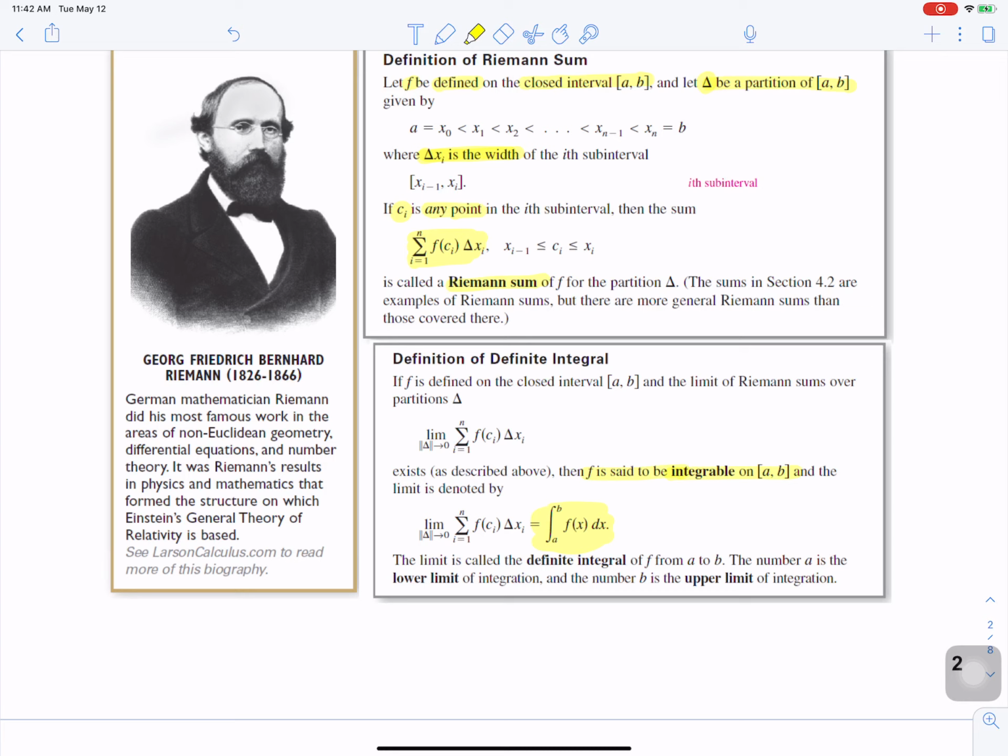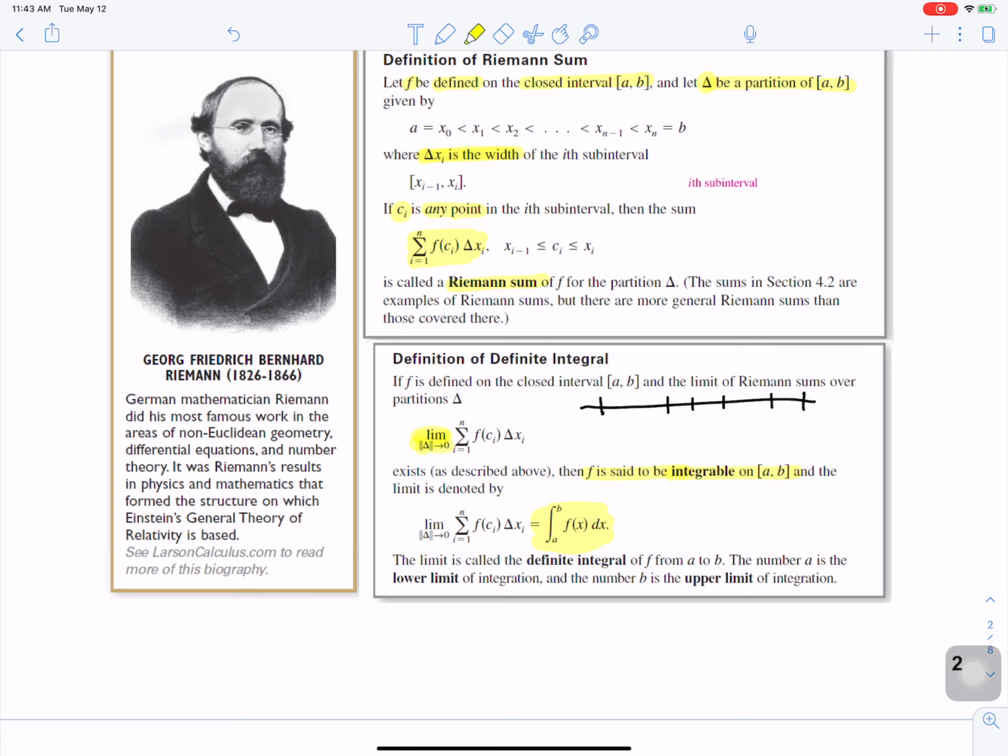So for us to have it integrable, we need the partitions to create the same answer when you take the limit, okay? If we take the limit, now in this case, we're not making the number of rectangles go to infinity. We're taking the sum of all the rectangles, but we're taking the largest partition. So let's say I break up my rectangle into unequal parts, okay?